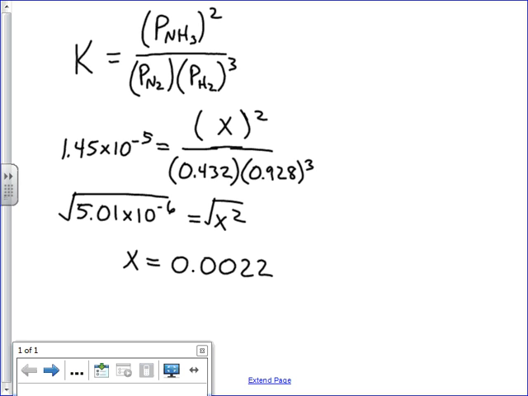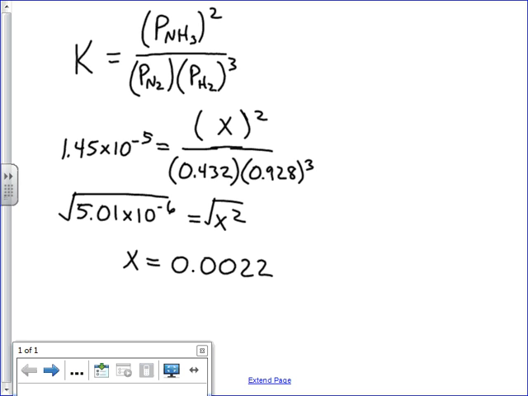Well, that's not a very high pressure, is it? So how effective is this process at 500 degrees Celsius if we want to make a bunch of NH3? Not going to be very effective. But let's see if this makes sense. What's the equilibrium constant number for this particular reaction? It's really small, right?